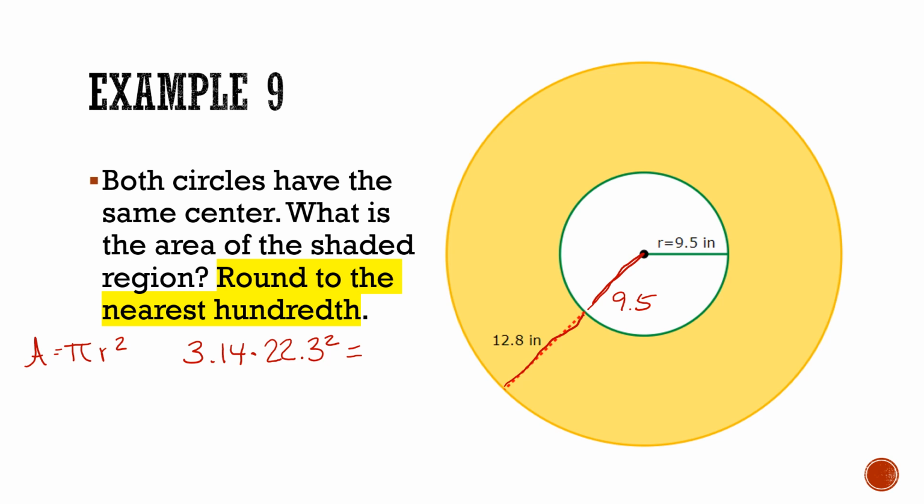That gives us 1,561.4906. Now we'll need to do the white circle, so that is 3.14 times the radius of the white one, which it told us here was 9.5, squared, or 9.5 times 9.5, which gives us 283.385.